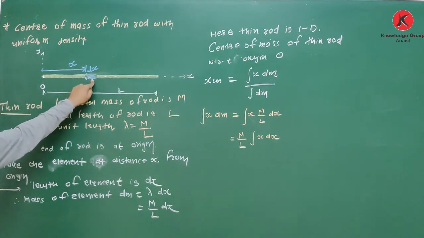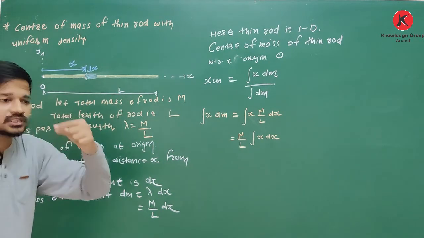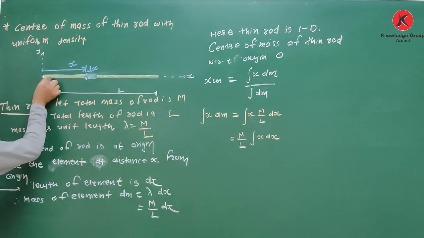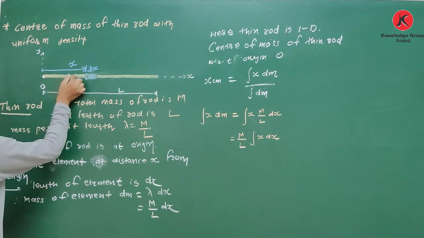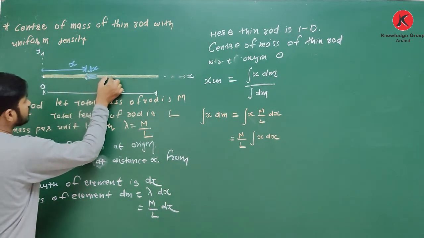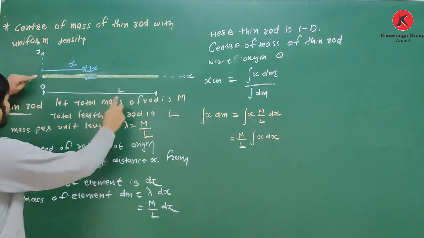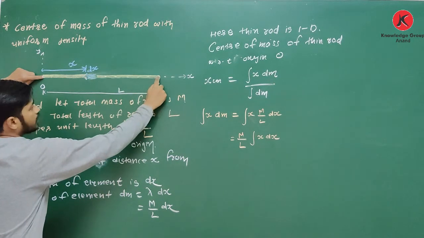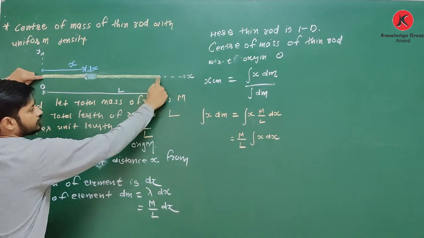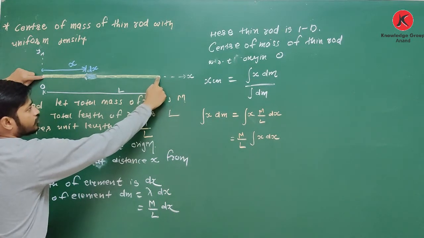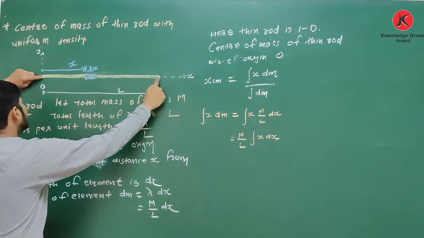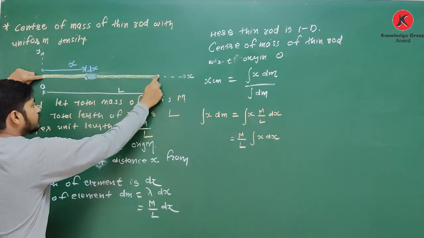I have considered only one element. In actual, we have to divide the whole rod into small elements: one element, second, third, fourth, fifth, sixth, and so on. And all these elements are between these two ends. The first end is at the origin, another end is at distance L.